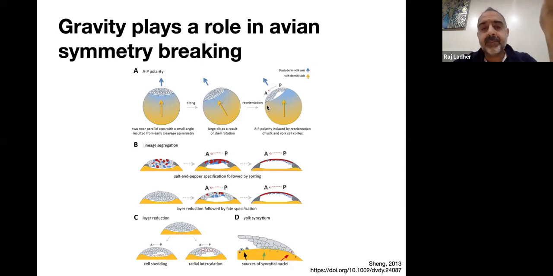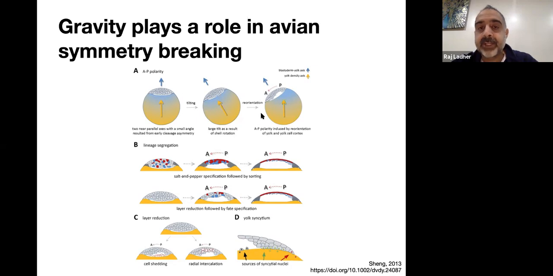Because these early avian embryos are very difficult to get at, as they're developing within the hen, it's still very difficult to understand what's going on. You do have many asymmetries happening within the avian embryo. Like I said, the borders where the embryo touches the yolk form syncytia, so these cells are contiguous with the yolk cells.